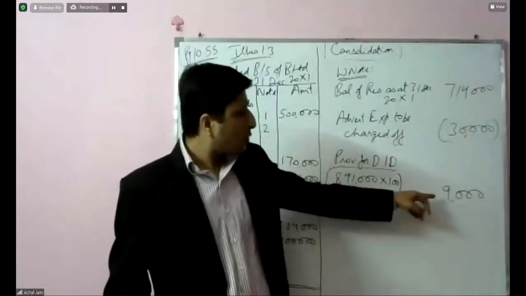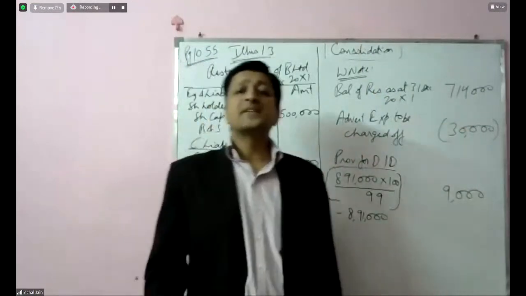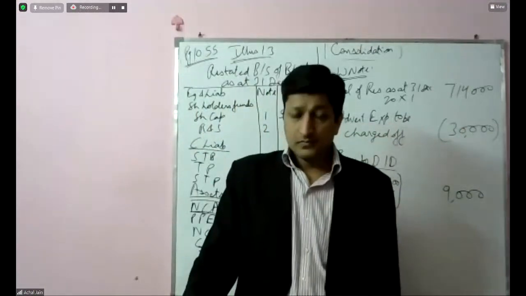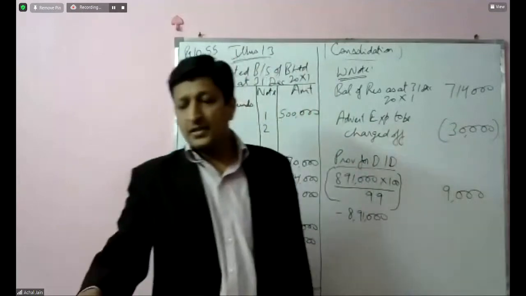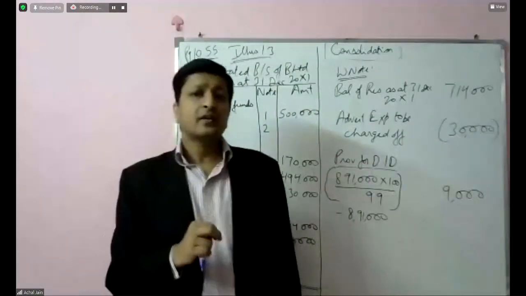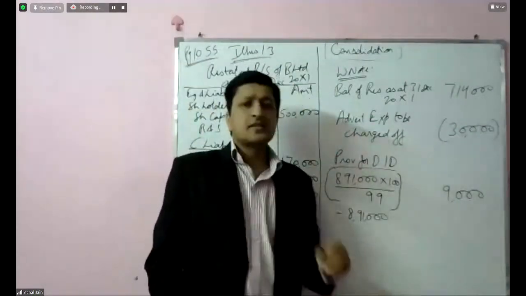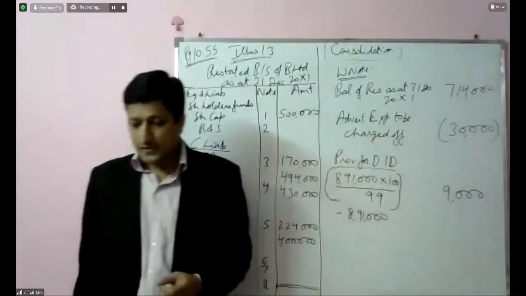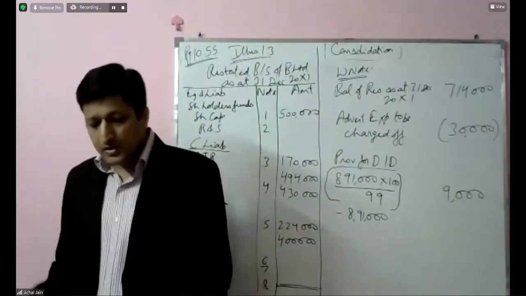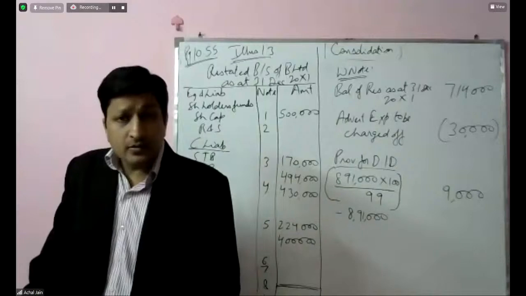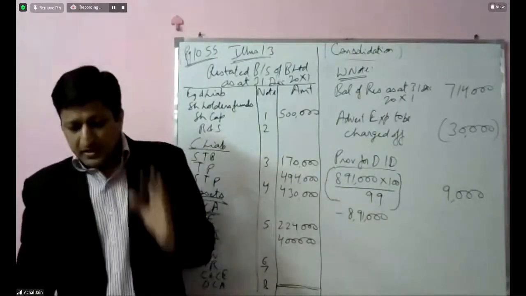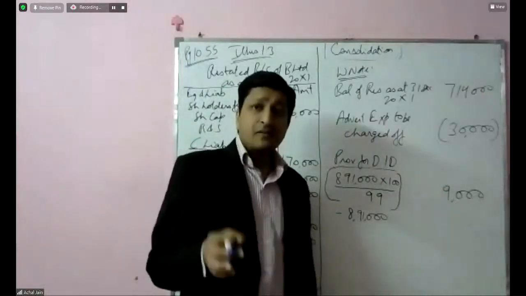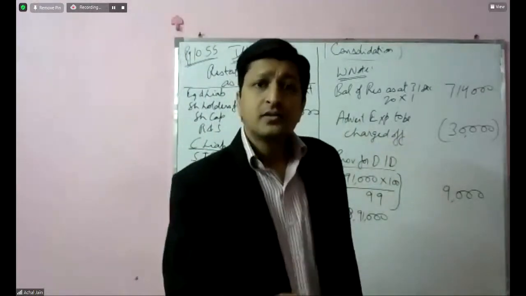The company has already recorded an expense of 9,000, so the reserves are reduced by 9,000. What are we doing? We are adding back this amount to the reserves. Clear on this? If you have any doubts or questions on this, please let me know.